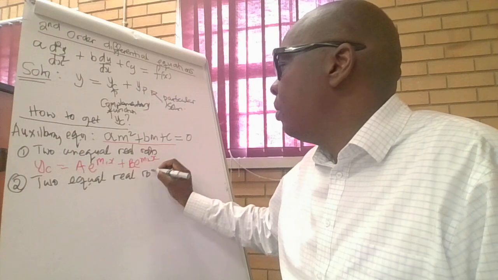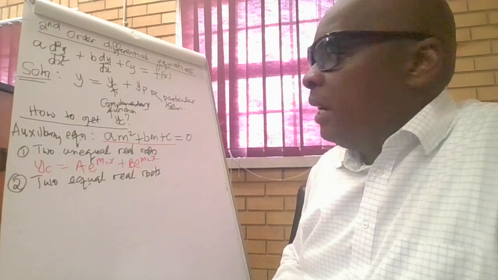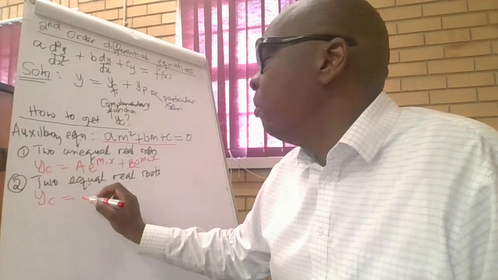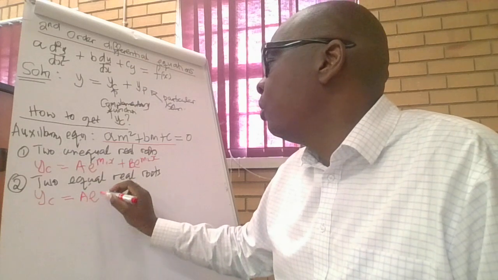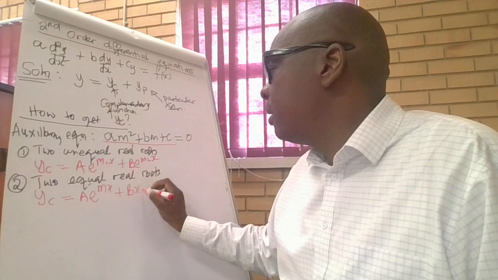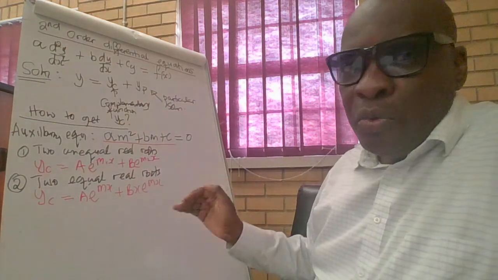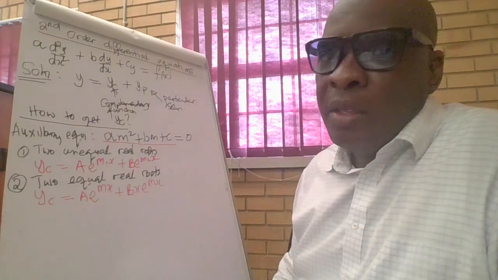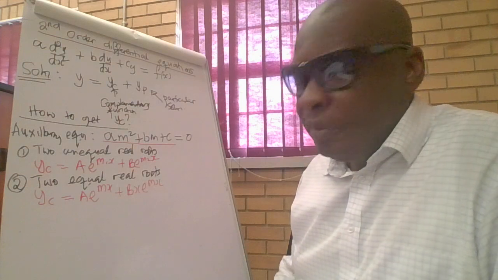If you get two equal real roots, your complementary function will take the form a e to the power mx plus bx e to the power mx. So that's when you get two equal real roots, m being the solution to the auxiliary equation.